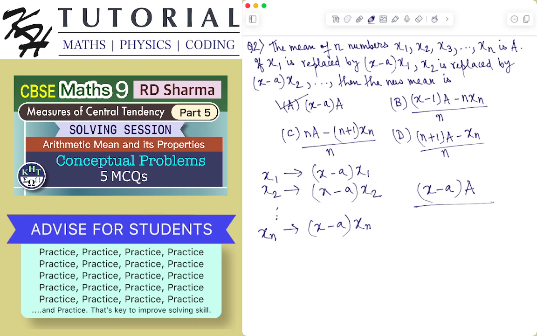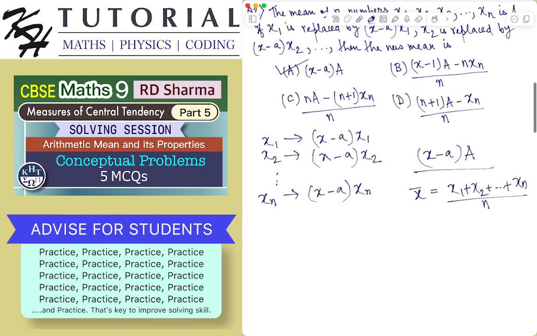Now in this regard, I would like to say that if x bar is the mean of some n observations, then obviously from this equation, if you multiply both sides with some non-zero constant, let's say k, I will have k into x bar equal to k x1 plus k x2 up to k xn divided by n.